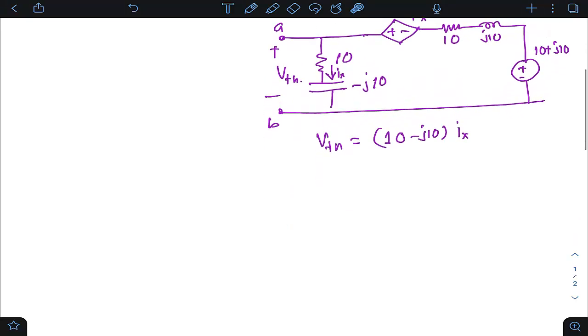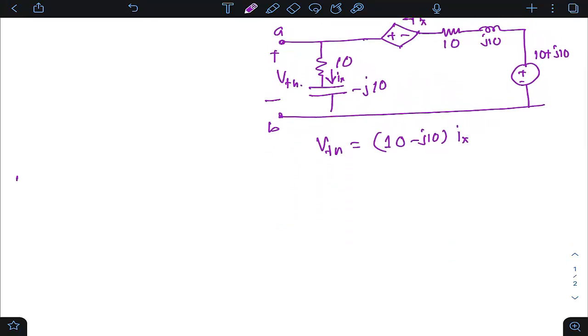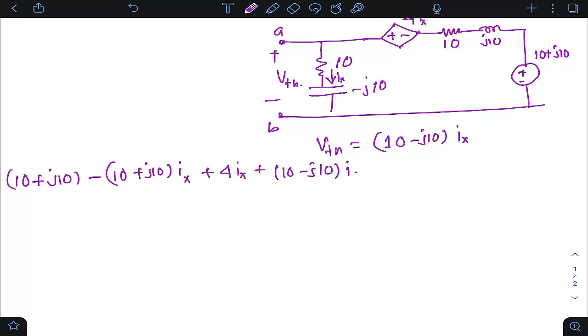So let us write that KVL equation. You get 10 plus J10, this is the voltage source, minus 10 plus J10 into current Ix, plus 4Ix, plus 10 minus J10 into Ix equals 0.